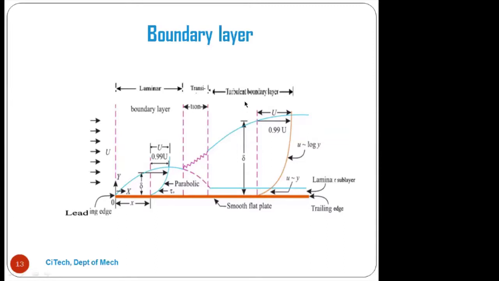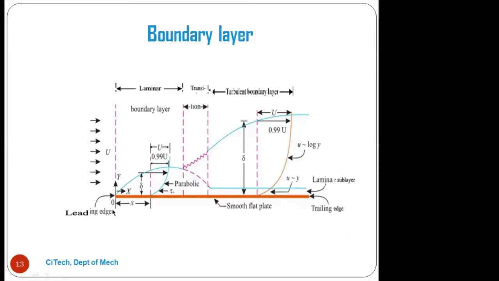These are very important in the formation of the boundary layer over the plate here. This is the x-axis and y-axis. This is the plate, the leading edge of the plate, and this is the trailing edge of the plate.